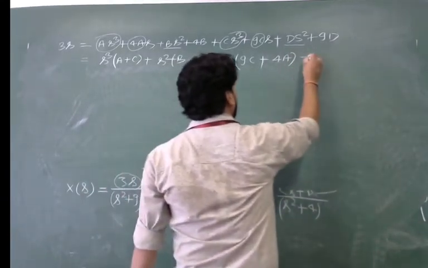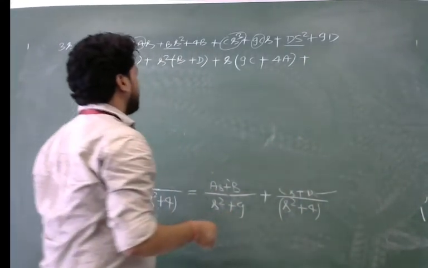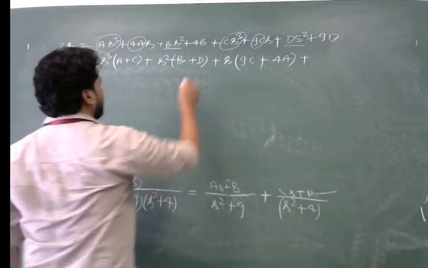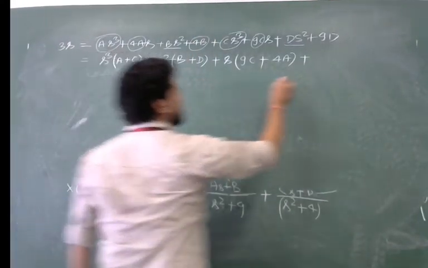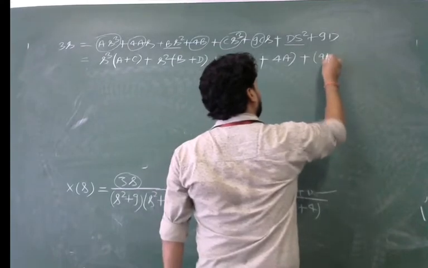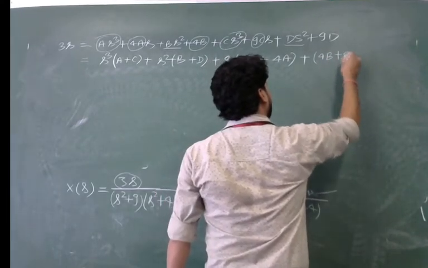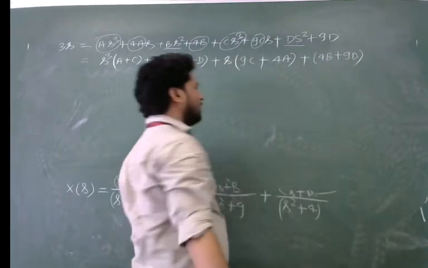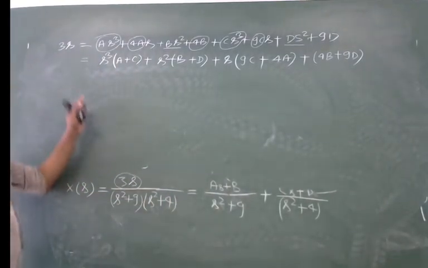Now write the constant term, which is equal to 4b plus 9d.